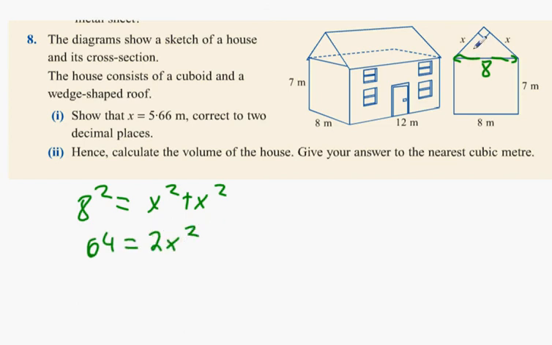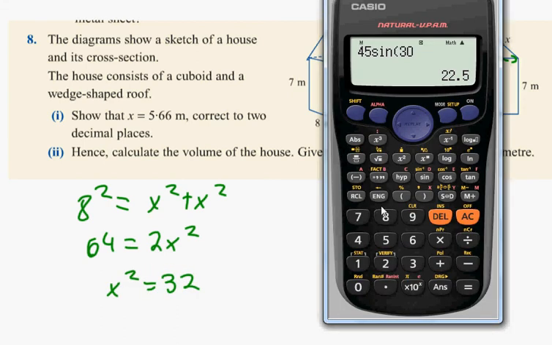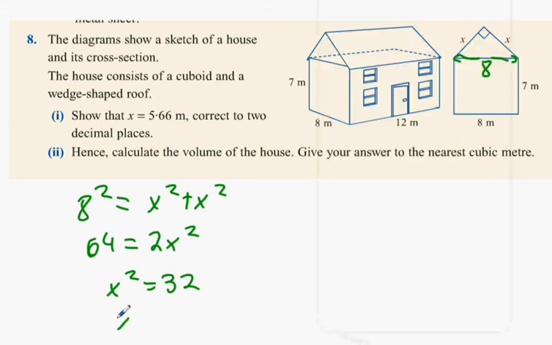See that 8 is the hypotenuse and the other 2 are just 2 regular sides. x squared equals 32. Square root of 32. I'm hoping it's 5.66, otherwise we're in trouble. But 5.66. Alright. Now, hence, calculate the volume of the house given your answer to nearest cubic metre.